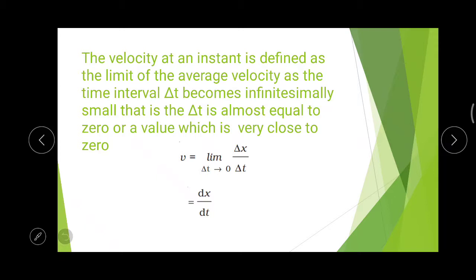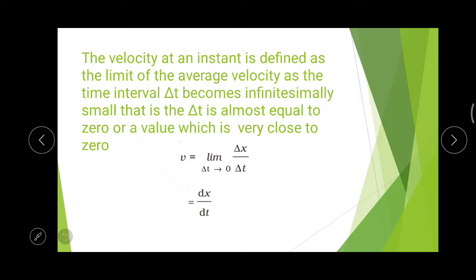Now if you have the position, that is x2, the final position, and x1, the initial position, and the time duration for that travel, t2 the final time and t1 the initial time, that is t2 minus t1 is the time duration for the travel.